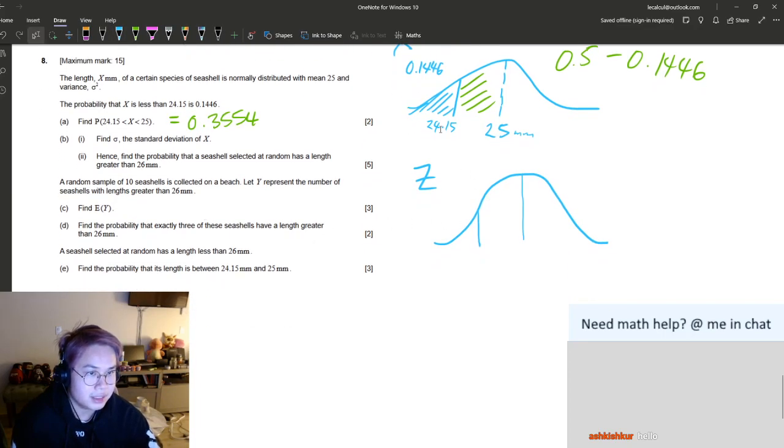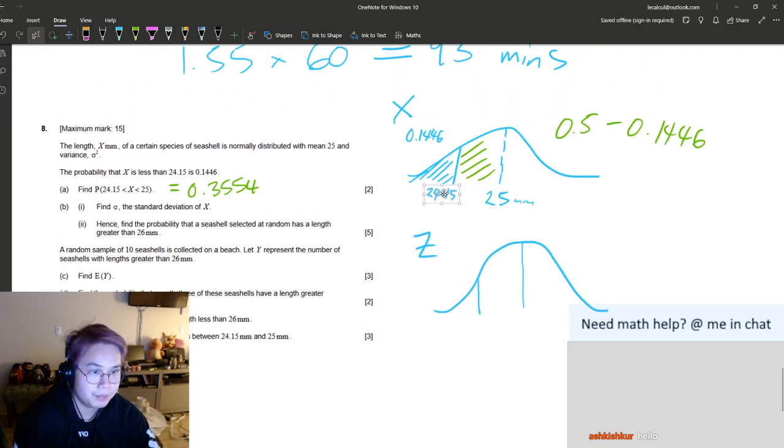And what I need to do is change the 24.15 boundary into the standardized value. I think it's called the z value, z score. And there's a formula for that. We take the value, we subtract the mean, and we divide by the standard deviation.